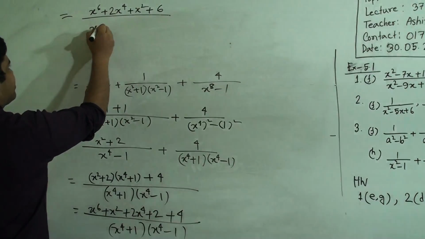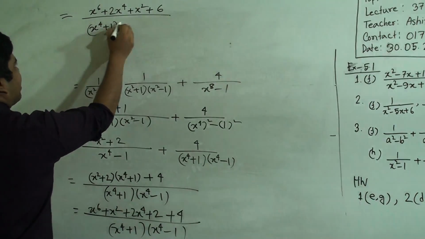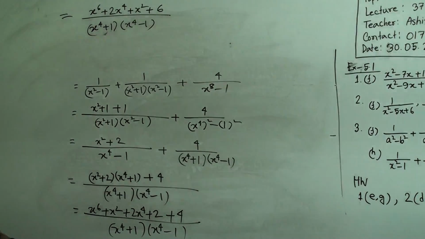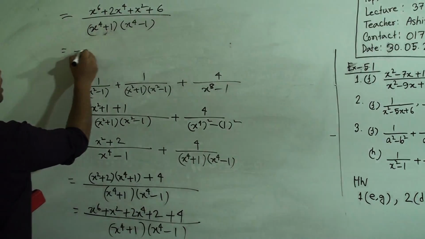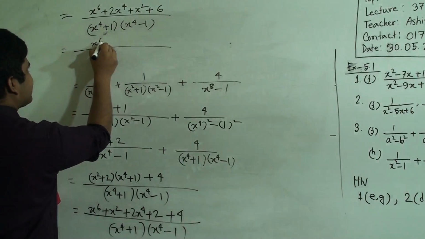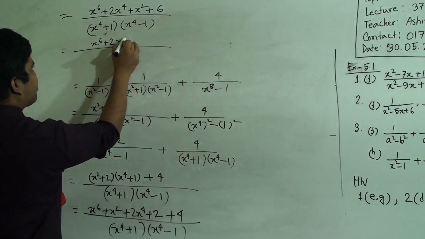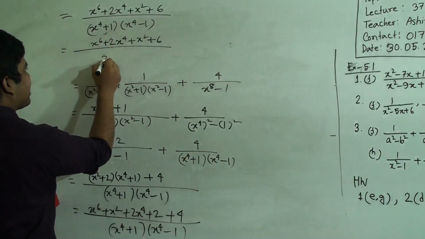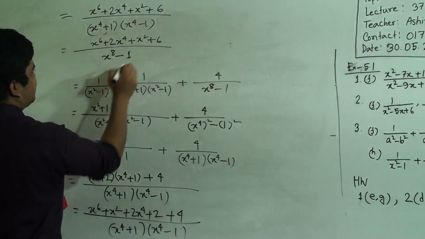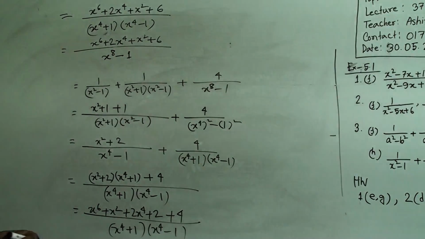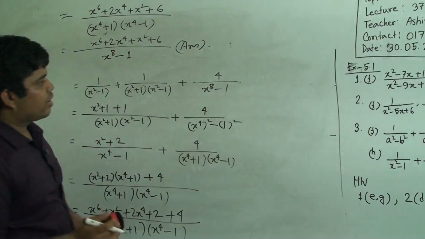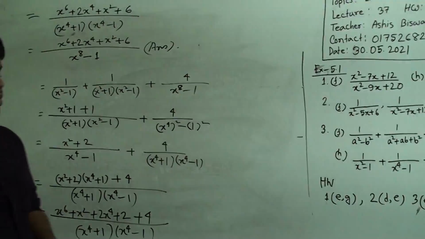So x to the power 4 plus 1 and x to the power 4 minus 1. Okay, so we write this as x to the power 6 plus 2x to the power 4 plus x square plus 6, and it is written as x to the power 8 minus 1, and this is the answer of this question. So my dear student, this is our today's lecture.